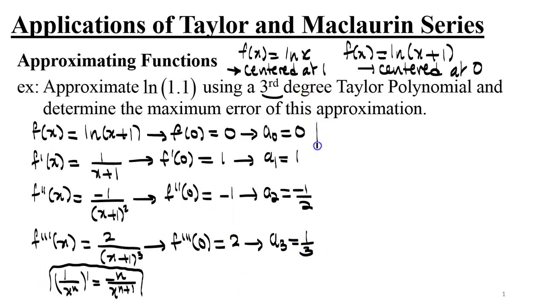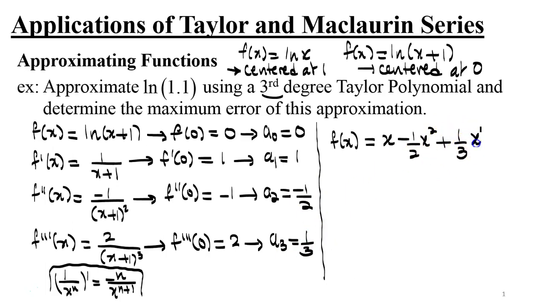So now I can write my polynomial, which is f of x equals the constant 0 plus the second coefficient times x, so that would be an x, the third coefficient times x squared, and the fourth coefficient times x cubed. So that is the third degree Taylor polynomial, centered at 0.